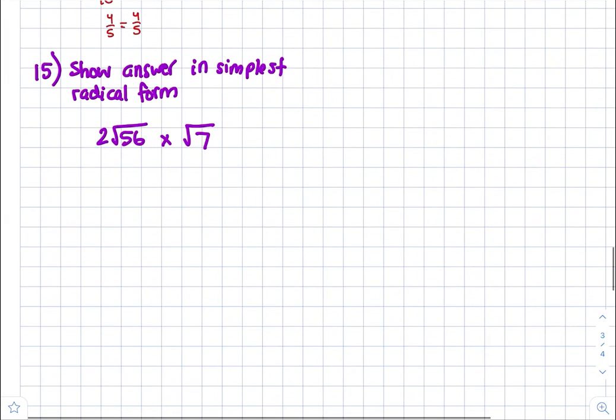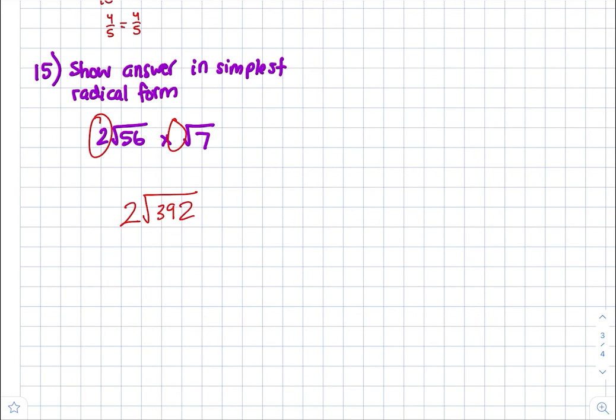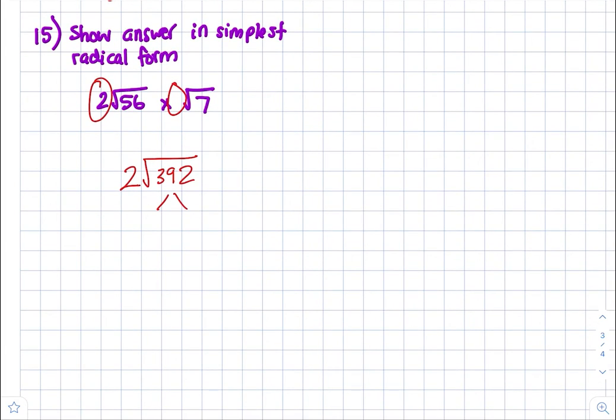And lastly, for 15, there's a coefficient of 1 there, so 2 times 1 is 2, square root of 56 times 7, because those are both on the inside of the square root, so that's 392. So now we have to make a prime factorization tree of this. So 392 divided by 2, that's what I'll start off with.